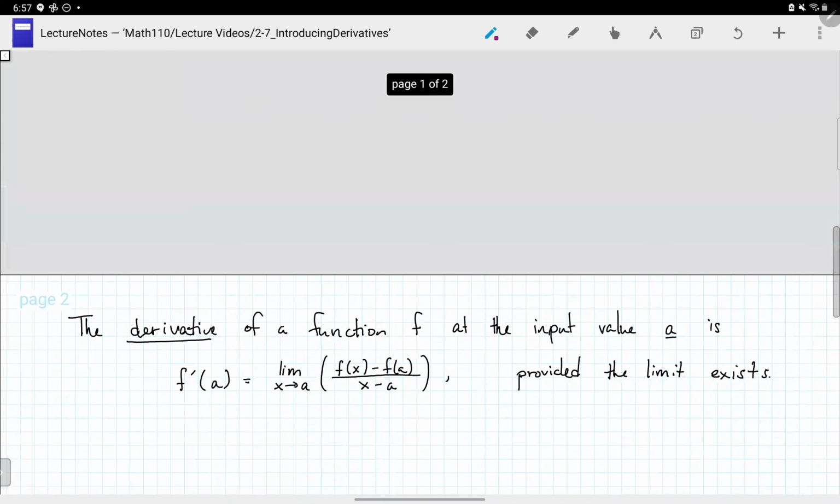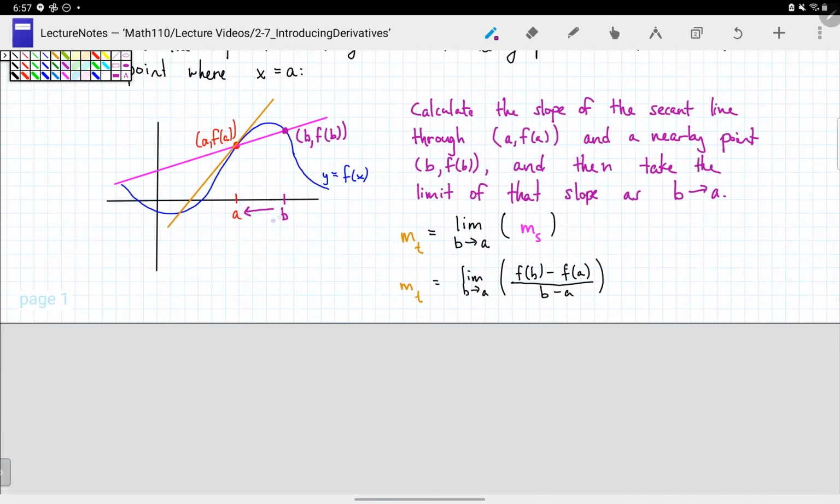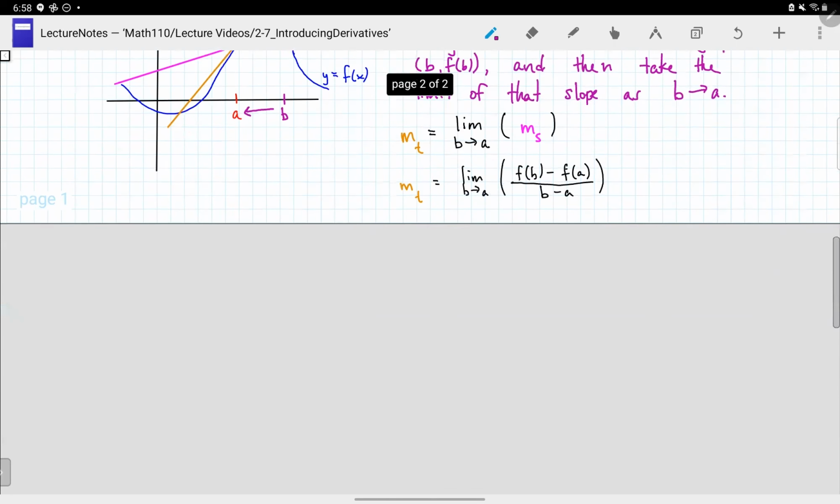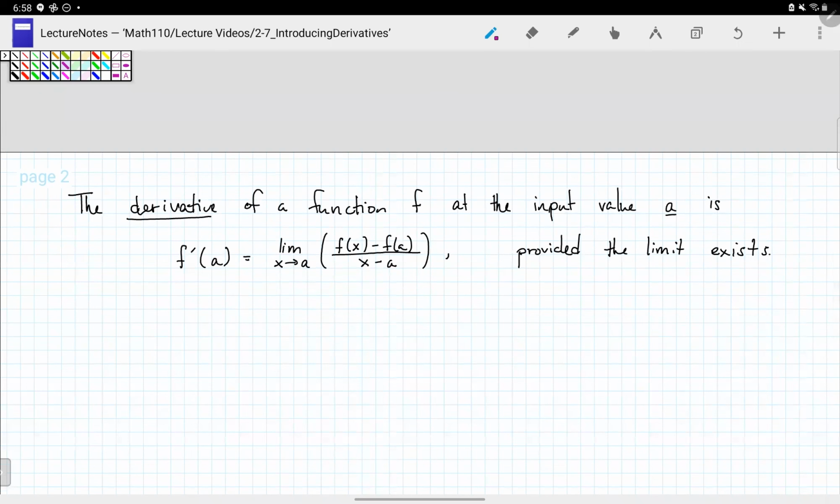So if you look back here, that moving point here is b, and we take a limit as b approaches a of f of b minus f of a divided by b minus a, and in defining the derivative, I'm just calling that same number x. So it's the limit as x approaches a of f of x minus f of a divided by x minus a, provided the limit exists. And we call this the derivative of f at the point a.